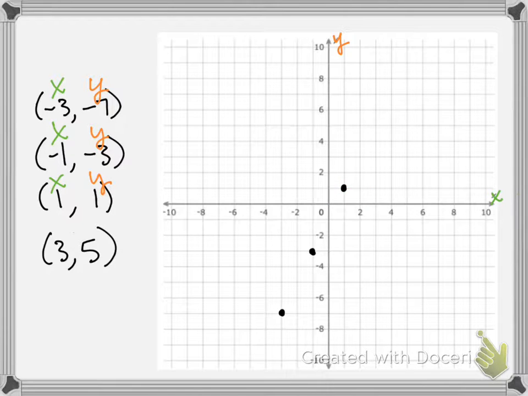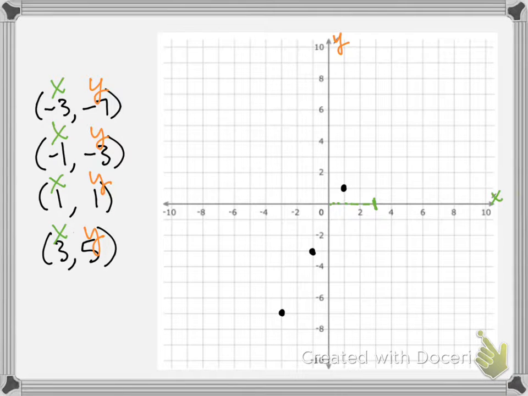Moving along to my last point, I have x is 3, y is 5. So I need to start at my origin, go across the x-axis until x is 3, which is going to be right here. And then same thing with y.